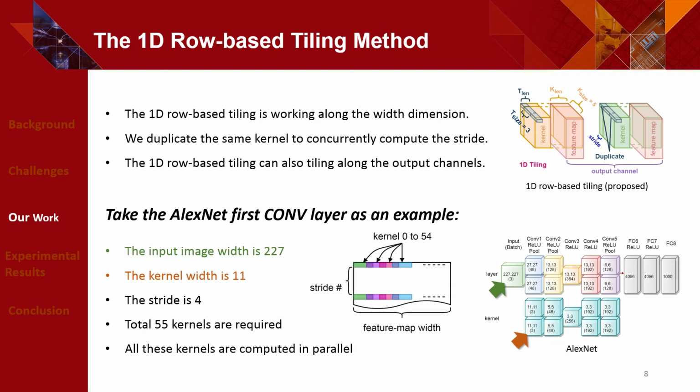So (227 minus 7) divided by 4 is 55, so we will require 55 sets of kernel. So we can duplicate 55 sets of kernel in the manner of a row base, then we compute the entire row in each clock cycle. So all the hardware resources can be used without wasting, and also we have really high parallelism.